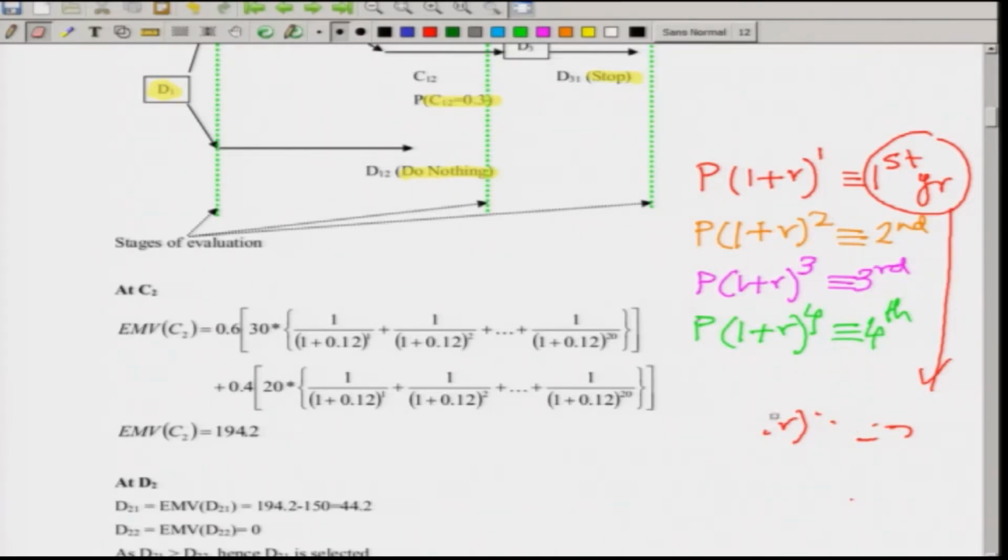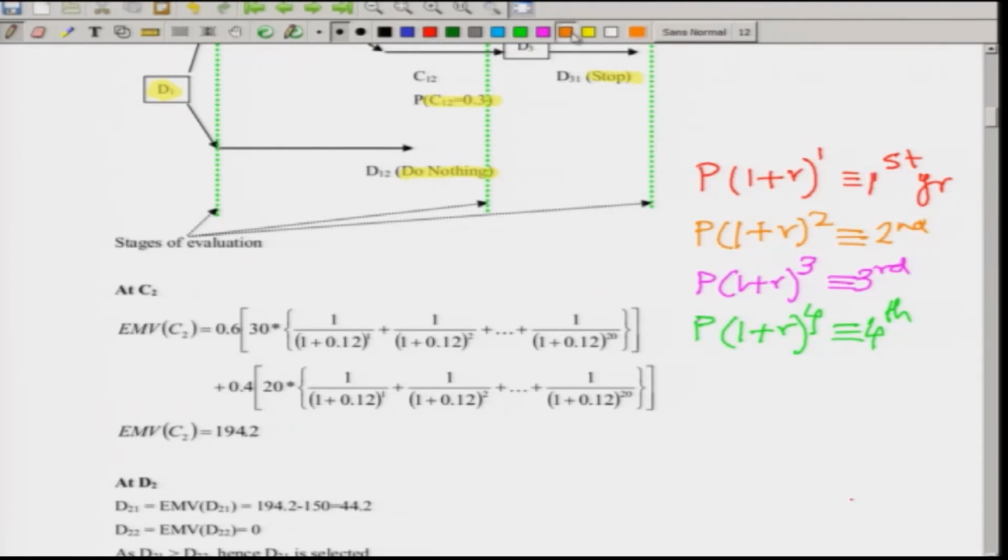I am going to do the calculation for the second year. This was basically the first year.